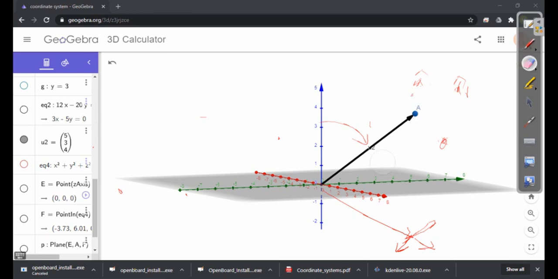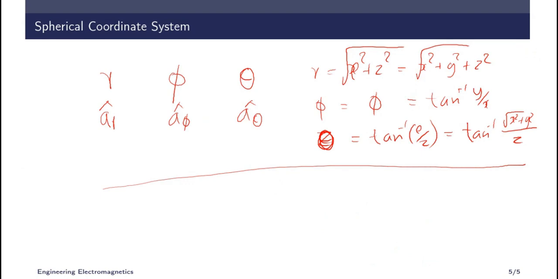Now moving back, we have this relation. Can we convert a simple given point, for example 2, 3, 4 in Cartesian? I'll take a new page.